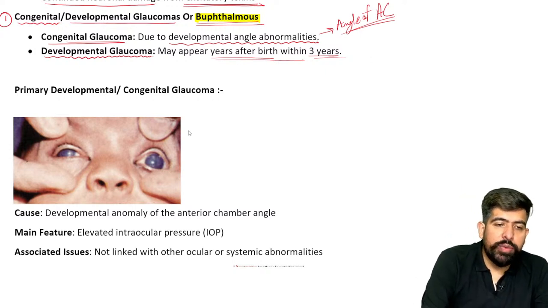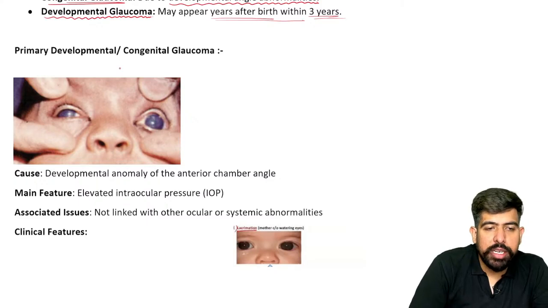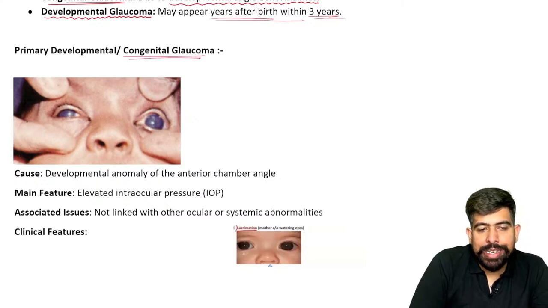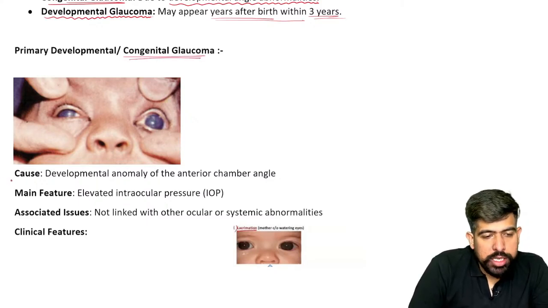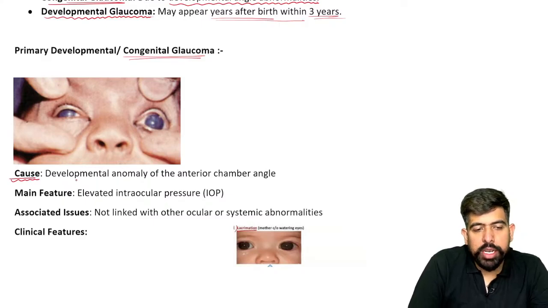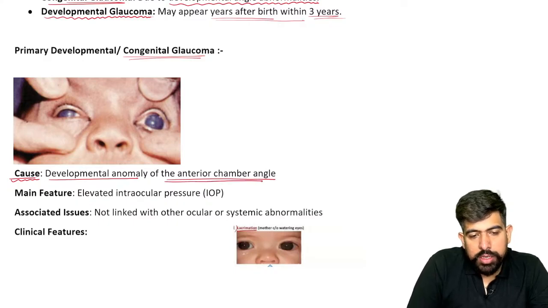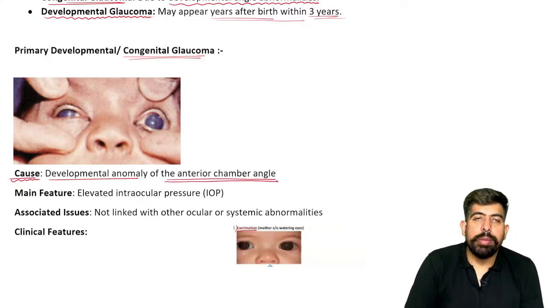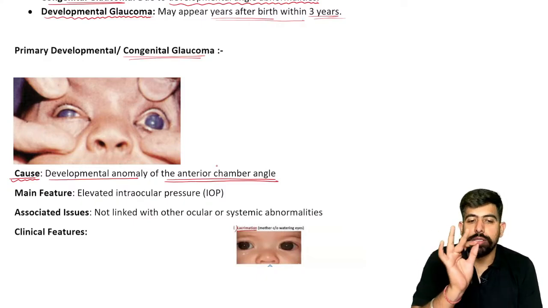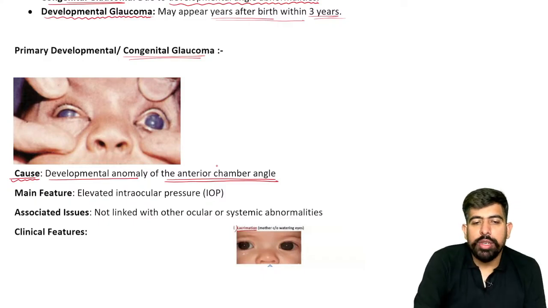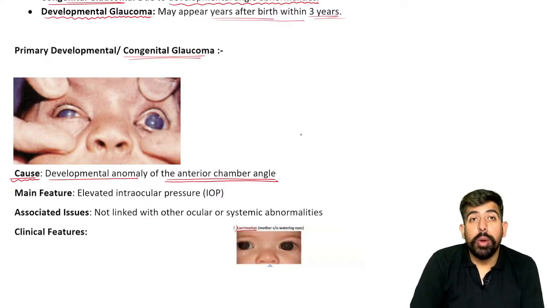Now, talking about the first one, the primary developmental, or congenital glaucoma, what is the cause of it, which is important? The cause is developmental anomalies of the angle of anterior chamber. This angle of anterior chamber is closed. Why am I talking about it?